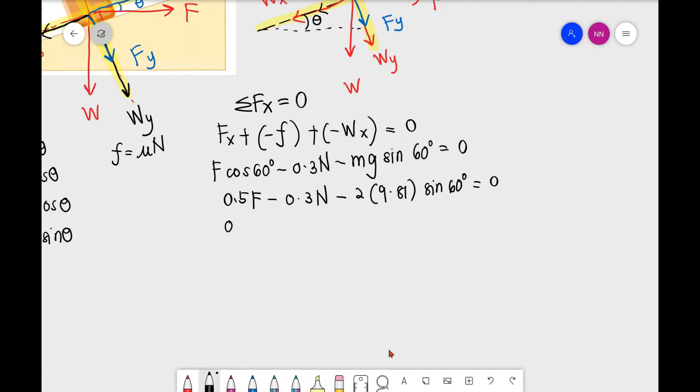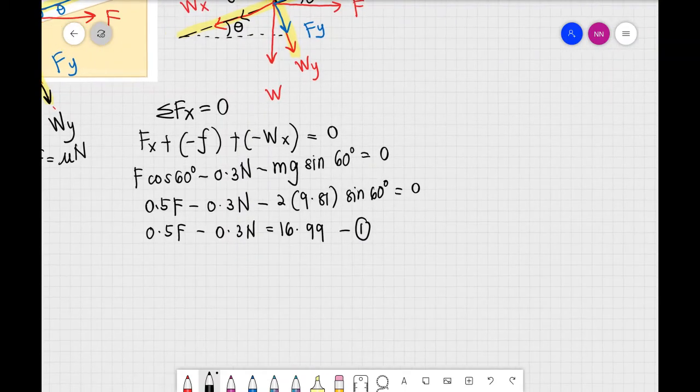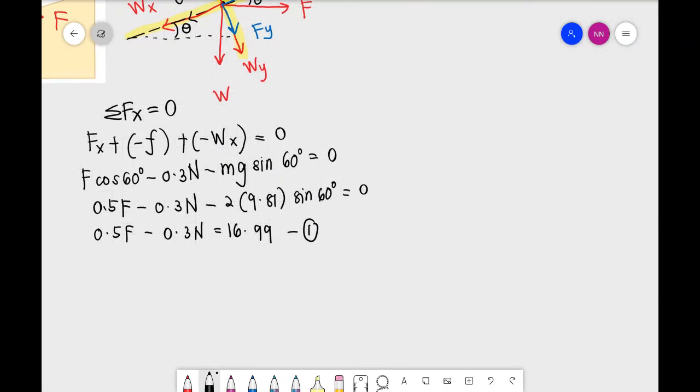Then we can proceed: 0.5 F minus 0.3 N equals 2 times 9.81 times sine 60 degrees, which equals 16.99. So we have one equation with two unknowns. Leave this equation first, and then we can proceed to component y.